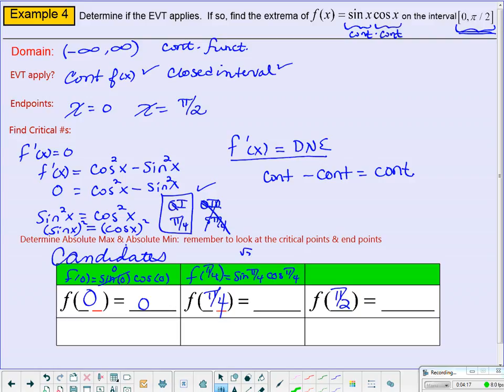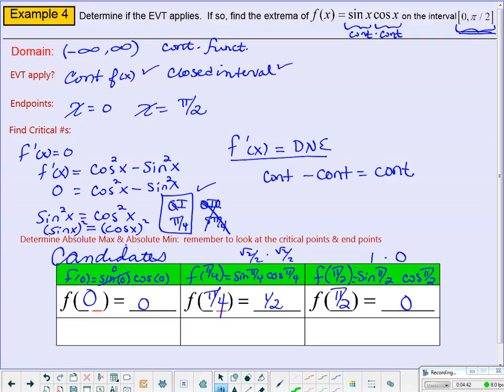That'd be square root 2 over 2 times square root 2 over 2. I'd have 2 over 4, which would give us 1/2. Finally, let's check out f of pi over 2, which equals sine of pi over 2 times cosine of pi over 2. Multiply those results. I'd have a 1 times a 0 gives me 0.